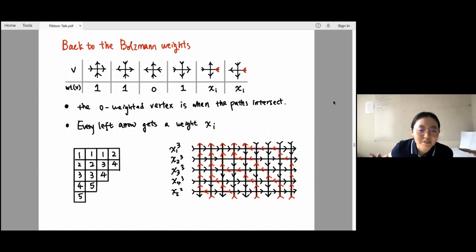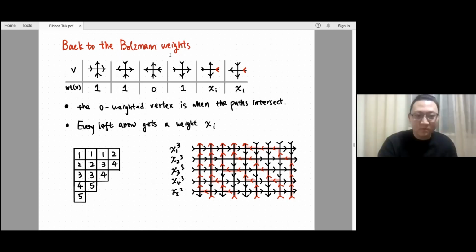So when you are saying the third one is the path intersection, how come the first one and the fourth one are not considered intersecting paths? Because we look at the left arrows and up arrows as paths. This guy, you go left and up. This guy, you go left and down.